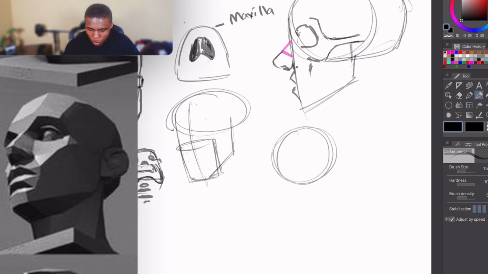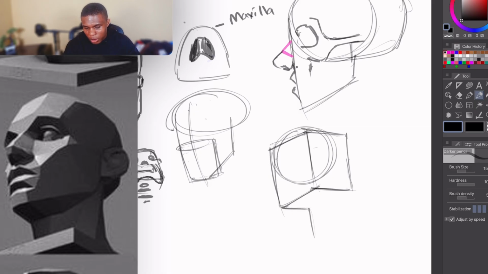I have to sort of up my game whenever I'm working in that angle, so I always find it difficult. I have to do a lot of practice to improve my skill in drawing from that angle instinctively.